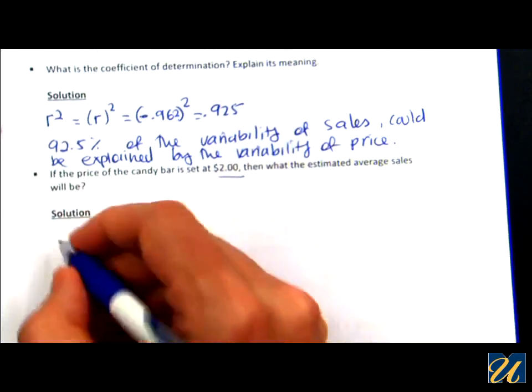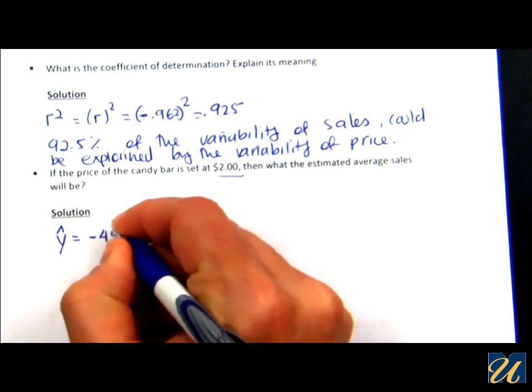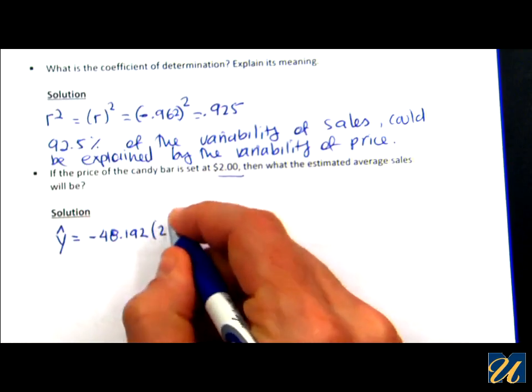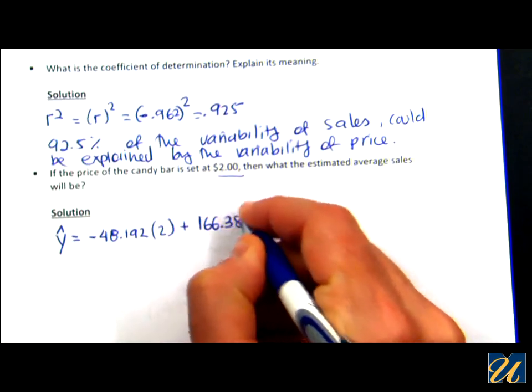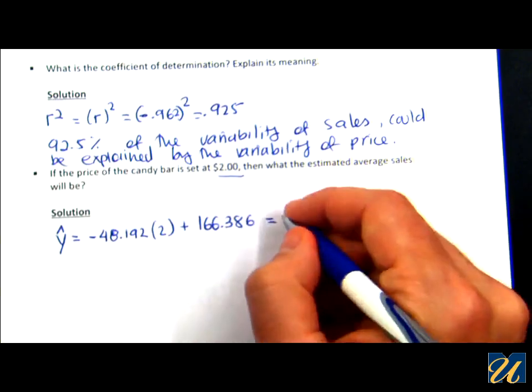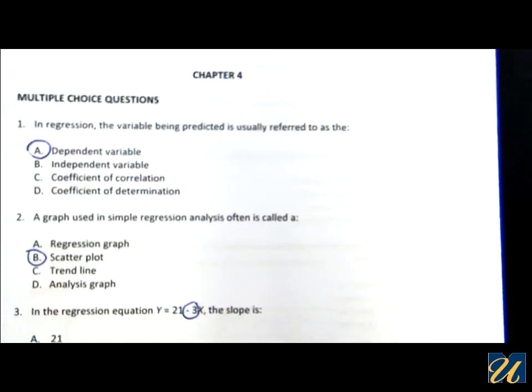If you recall, the equation was y predicted is equal to negative 48.192x. X in our case is 2, plus 166.386. So if you were to do the calculations, this would be 70. So when x is equal to 2, y is predicted to be equal to 70. And this concludes the exercises for chapter 4.